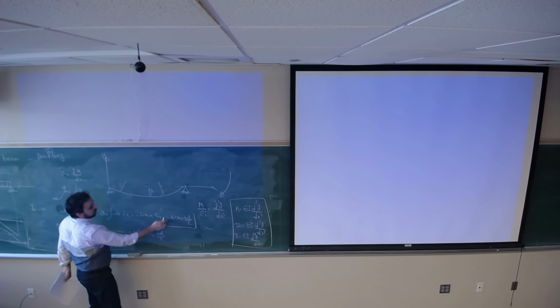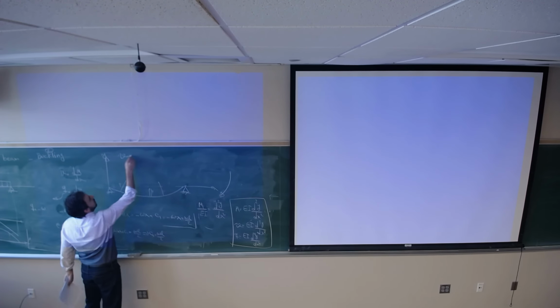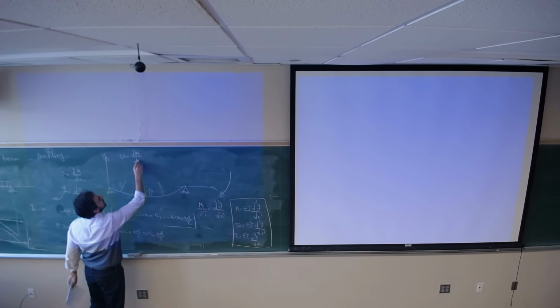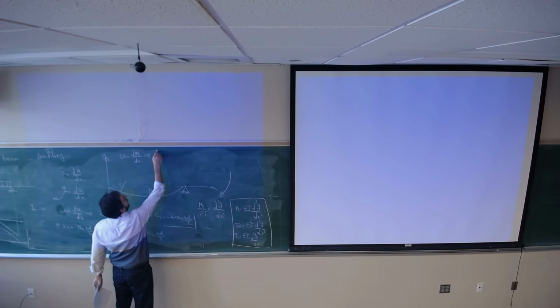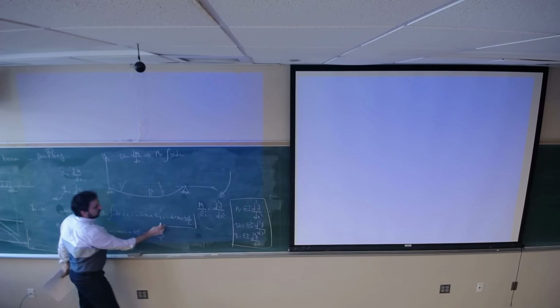V is dM over dx, so M would be the integration of V dx. V is here.